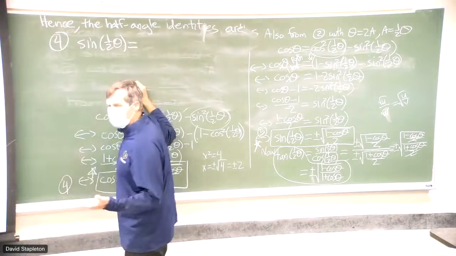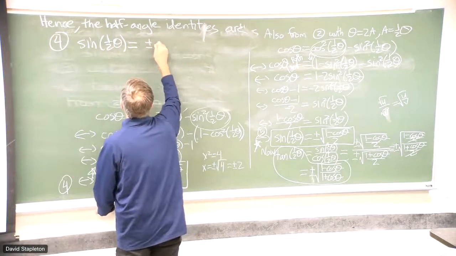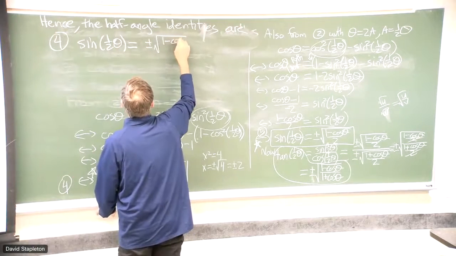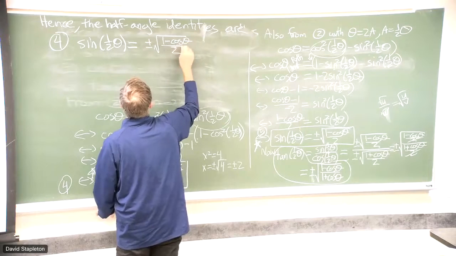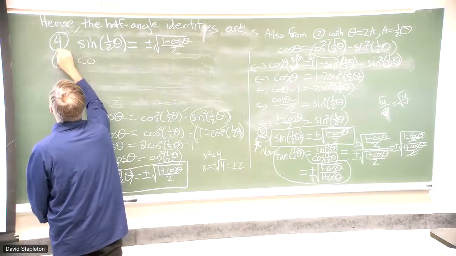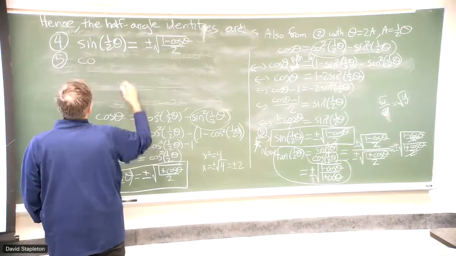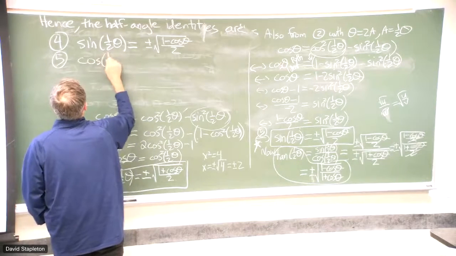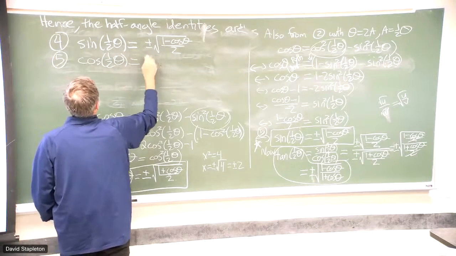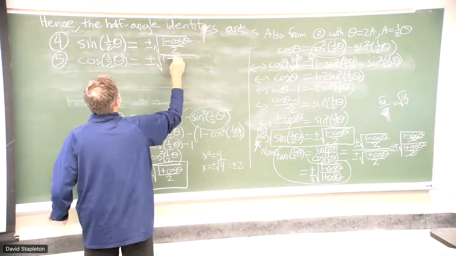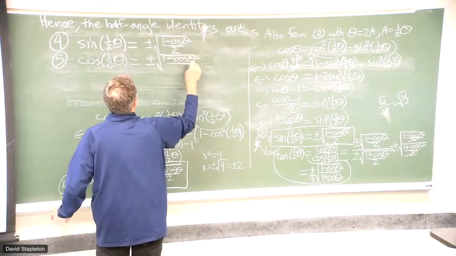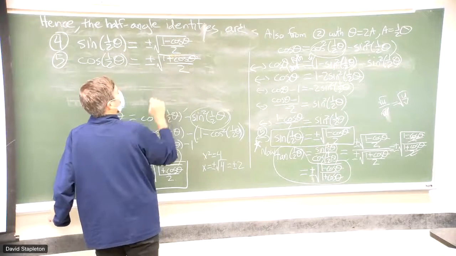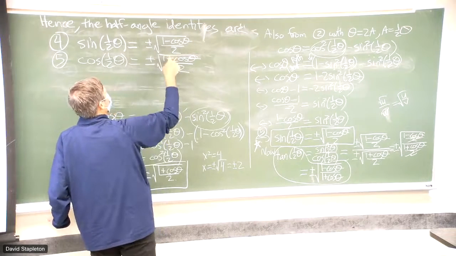And these are not so bad because they're all so similar, right? It's plus or minus the square root of 1 minus cosine of the whole angle over 2. How do you get the cosine of 1/2 theta? Remember that one? We just did it. It's down here still. Cosine of 1/2 theta is the same thing, plus or minus square root of 1 minus cosine theta over 2. Add this little bar here, change it to a plus. So it's the same one, just change minus to plus.